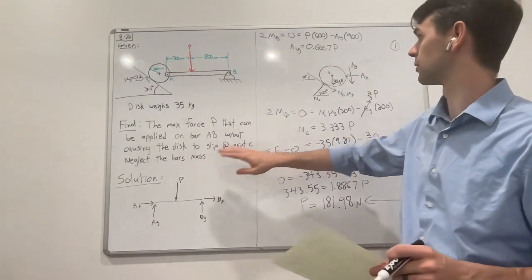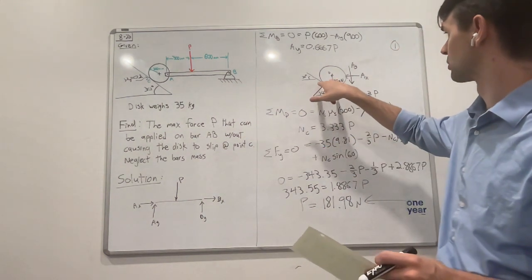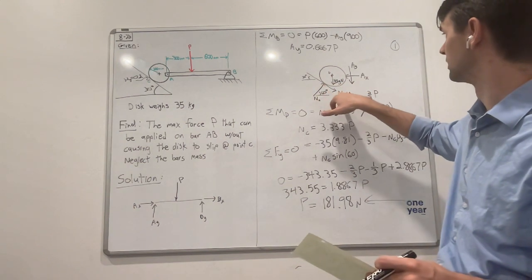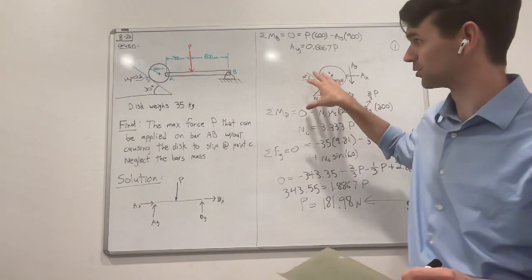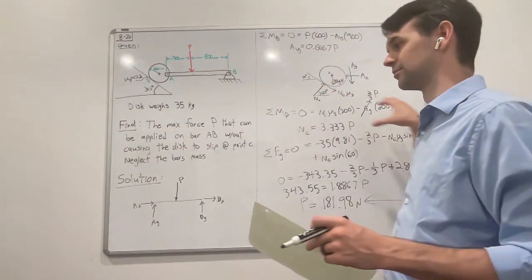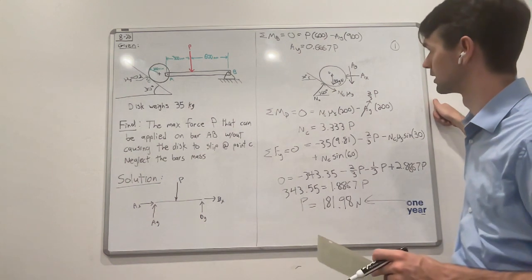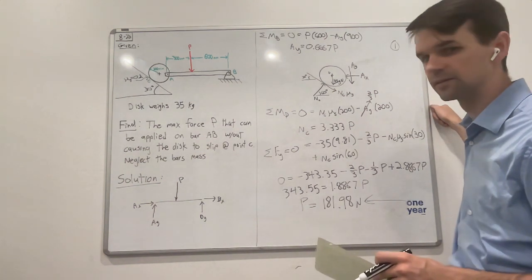I'm trying to find P. How am I going to find it? My key here is knowing that at the point of slipping, the friction force will be the normal force times the coefficient of static friction. So then you work forward to get the answer that you wanted, or bounce backwards again. So hopefully that made some sense.